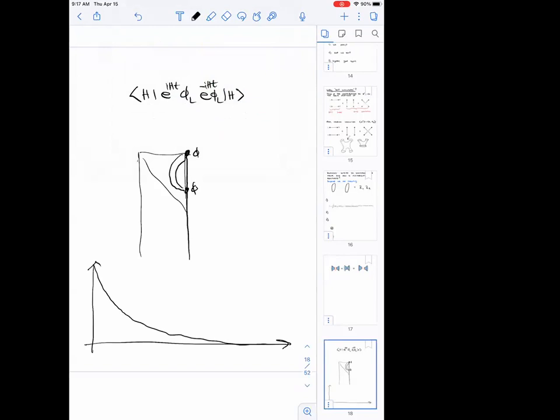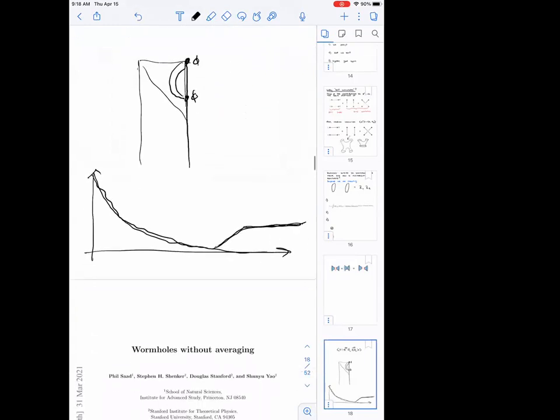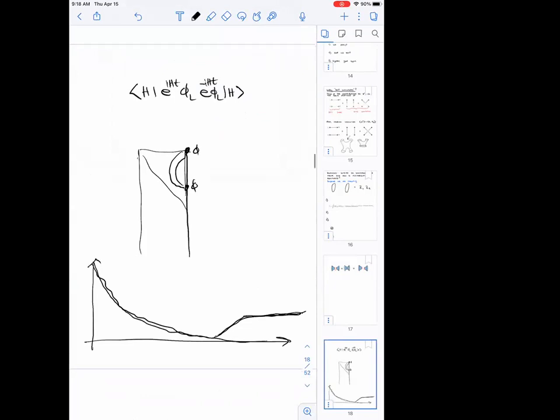And the wormhole answer is something like this: it goes down, and then there's some other saddle point, and it goes up and does that. That's the wormhole answer. And now let's discuss the actual exact n equals 4 answer. The actual exact n equals 4 answer goes down, and then it oscillates, probably something like this.